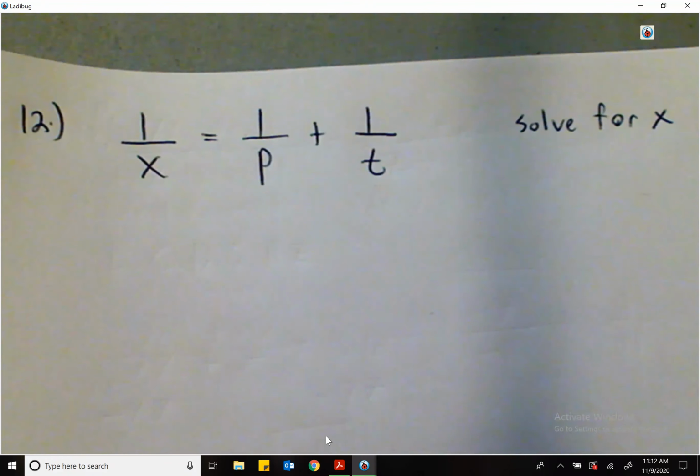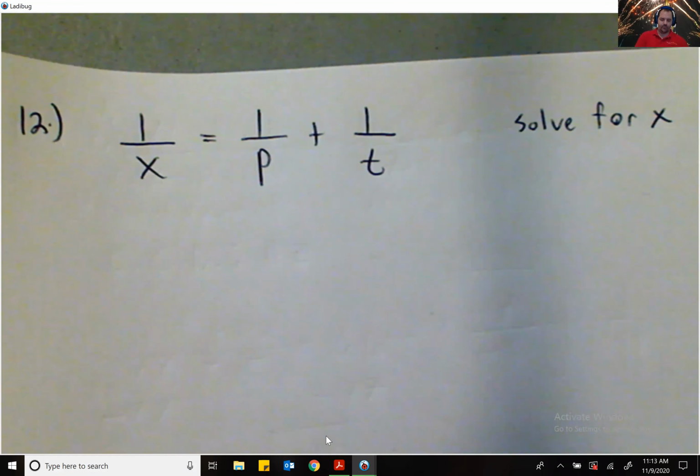What do we got to do? Multiply both sides by x. It's going to be a little bit more than that, Litzy, but I like the idea.